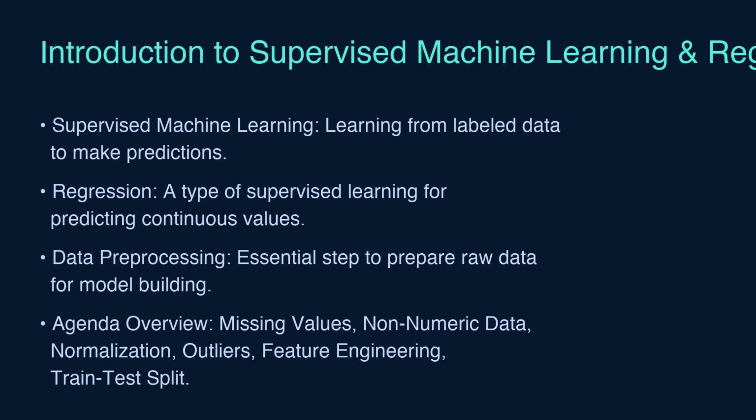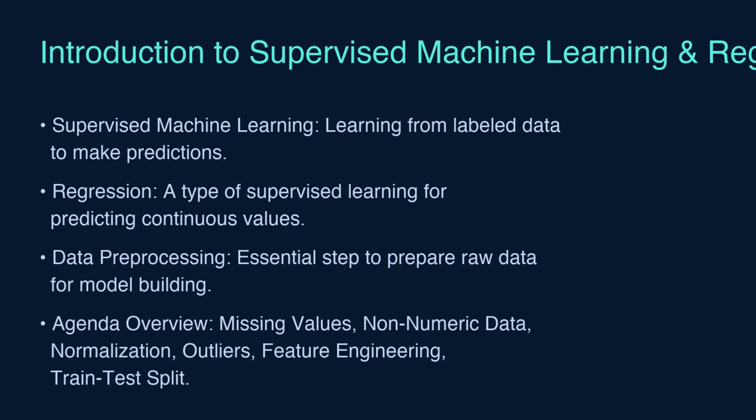Regression, a subset of supervised learning, deals with predicting continuous numerical values, such as sales figures, prices, or temperatures, before we can even think about applying complex algorithms.